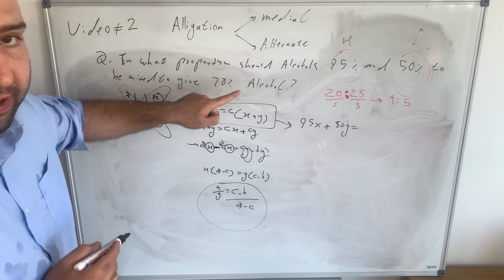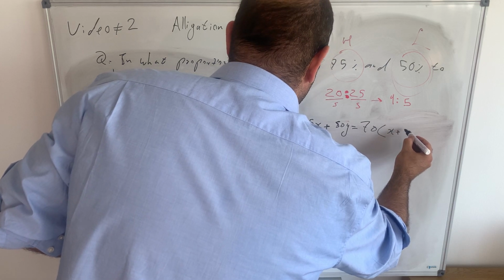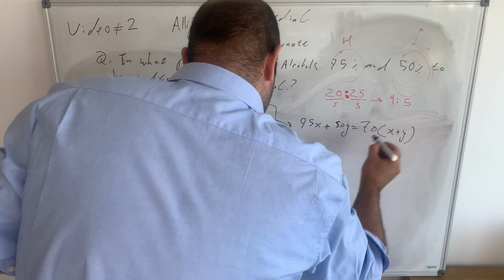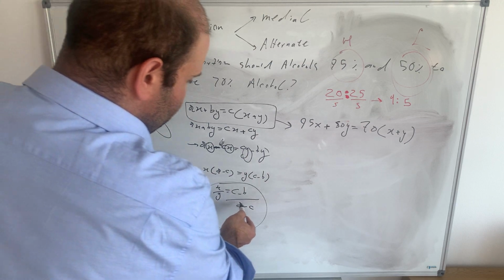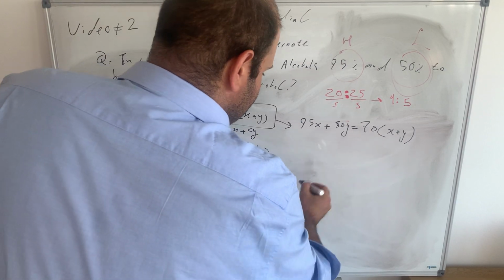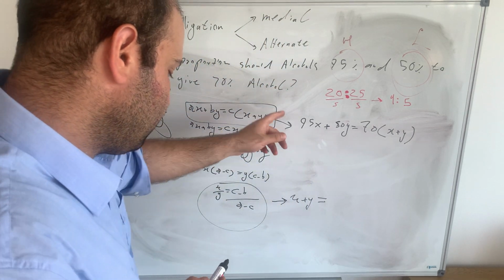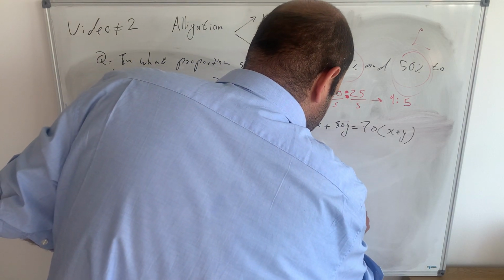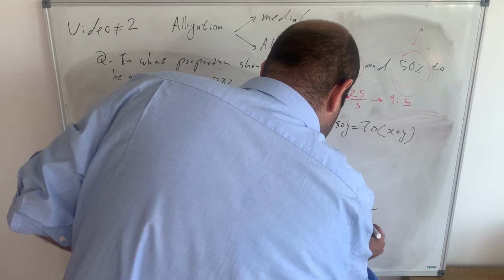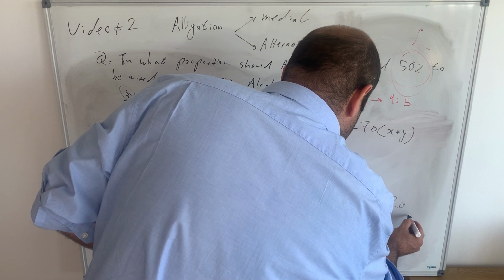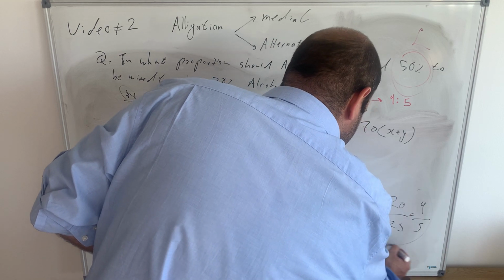Our desired strength. 70 multiplied by X plus Y. So you can follow all of them to reach this value. X over Y is equal to, if you continue this, 70 minus 50, 95 minus 70, the answer is 20 over 25. We simplify it to 4 parts to 5 parts.